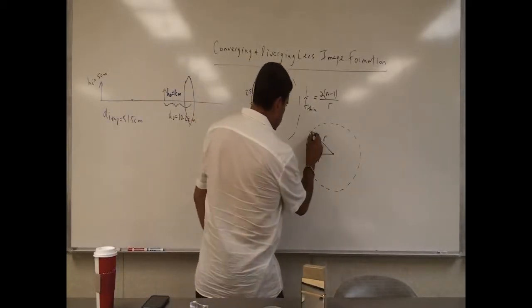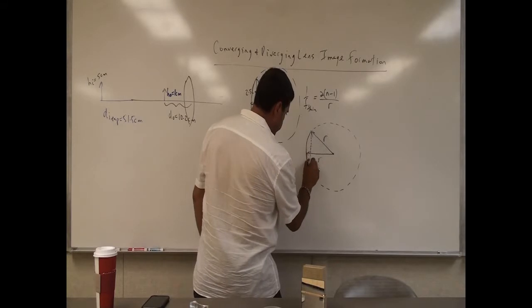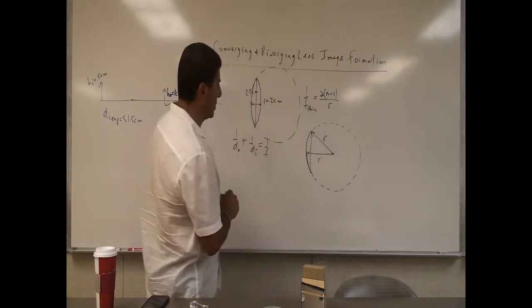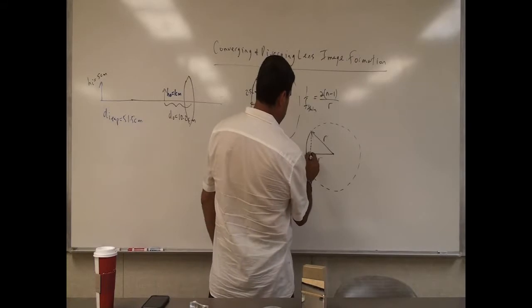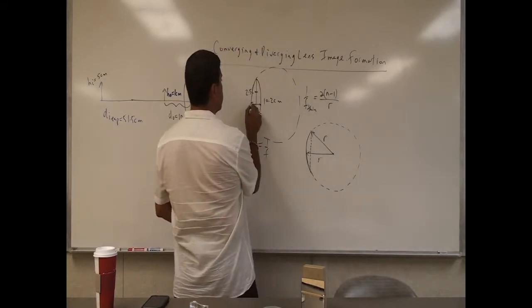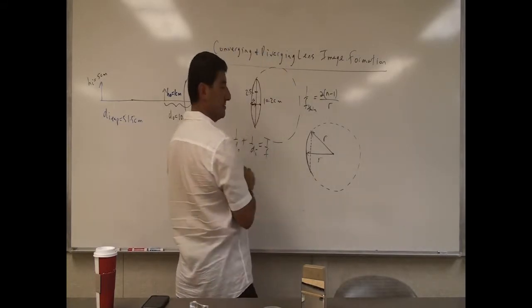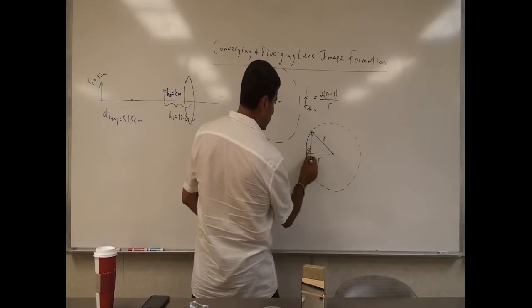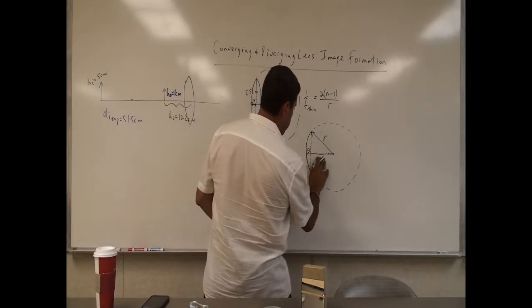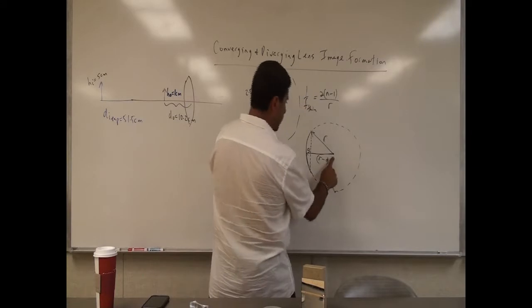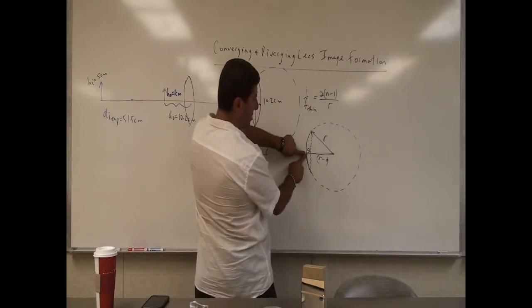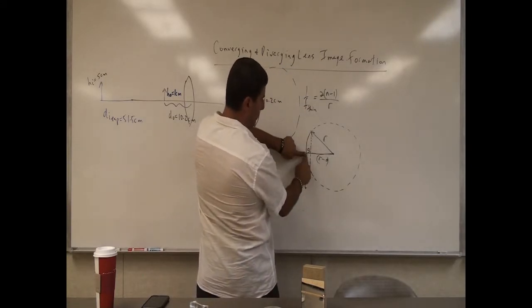This distance here, if I call half the thickness of the lens A, is going to be A. So this piece from here to here is going to be R minus A, because from the center to the edge is the radius of curvature of the lens.